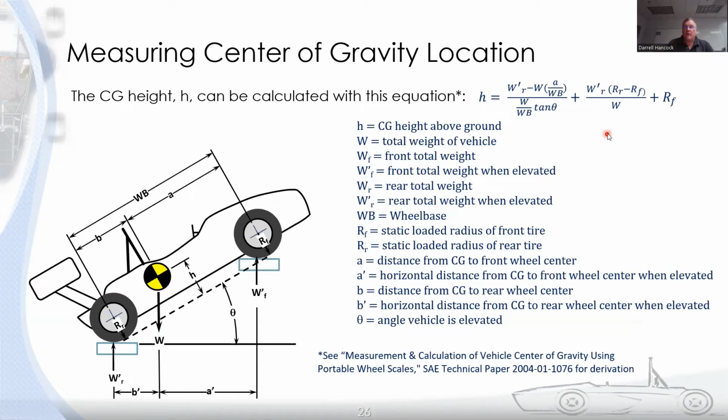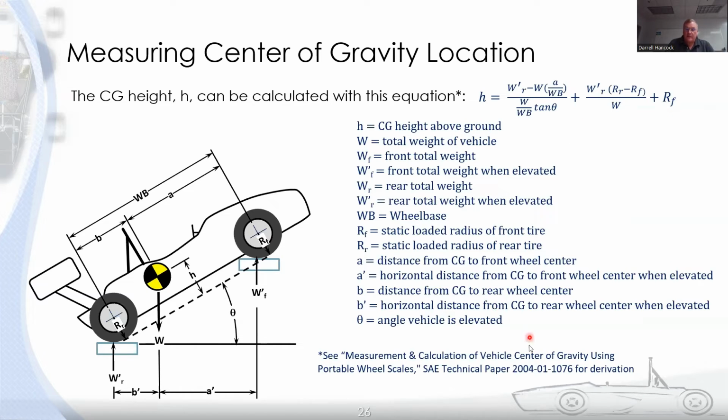So the formula, and I won't go into deriving it and detailing it all out. This is the formula. You can calculate the height from the rear weights here, the A dimension, where the CG is relative to the front, the wheelbase of the vehicle, the total weight of the vehicle, the angle here, the tangent of the angle you raise the vehicle to, and the radius of the front and rear tires. Fairly straightforward.